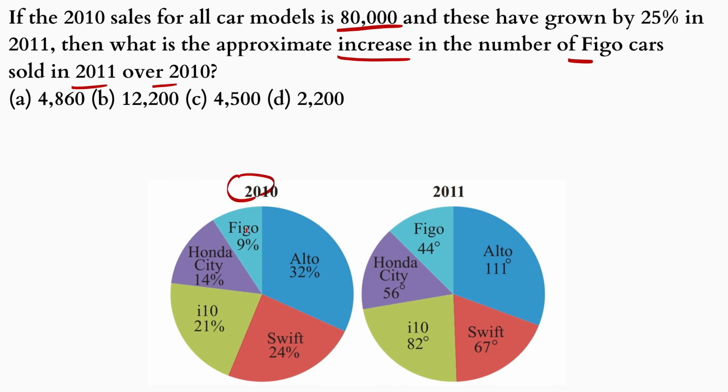So let's first calculate the value of Figo cars in 2010. So in 2010, the percentage of Figo cars is 9%. So 9%. And what is the total value given here? The total sales is 80,000 in 2010. So 9% of 80,000 will be equal to 7,200, right? And what about 2011? 2011 sales of Figo cars is 44 degrees.